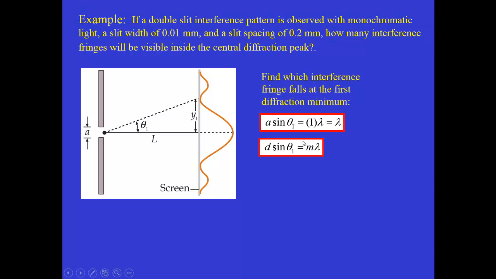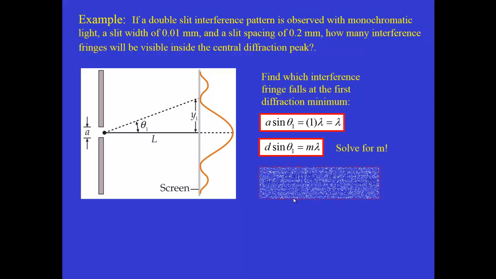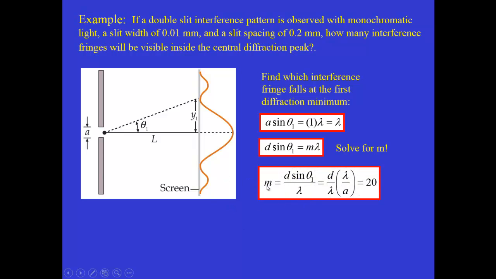If we take these two equations and combine them by solving for sine theta 1 and substituting into the other equation, we can solve for m. It's easy to see what happens. m is d sine theta 1 over lambda from the second equation, and we can replace sine theta 1 with lambda over a.